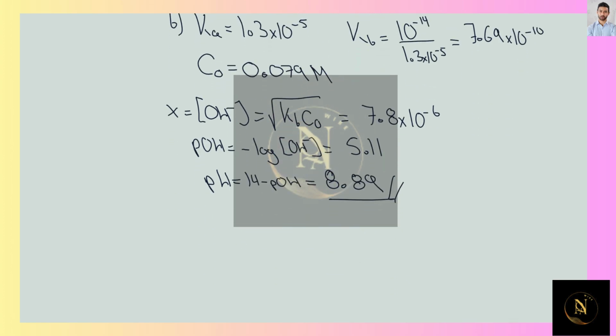Now we can do the same procedure for part C, where the only thing that changes is the value for Ka. So in this case, Ka is equal to 2.5 times 10 to the minus 9. Thus, Kb is 10 to the minus 14 over 2.5 times 10 to the minus 9, which gives us 4 times 10 to the minus 6.